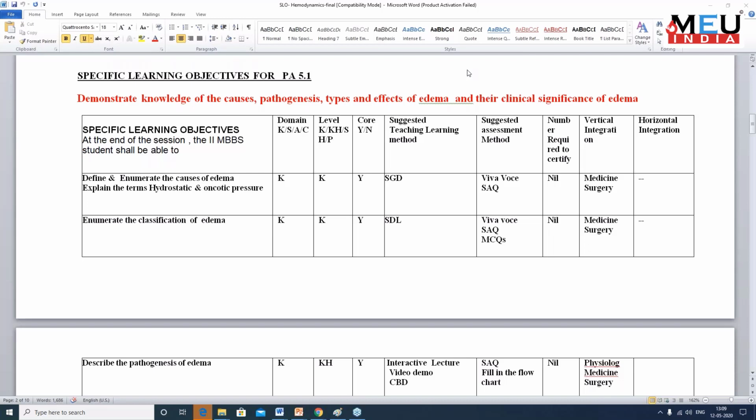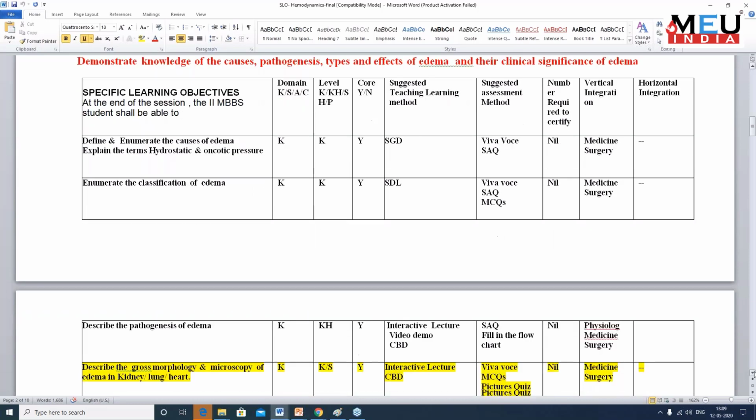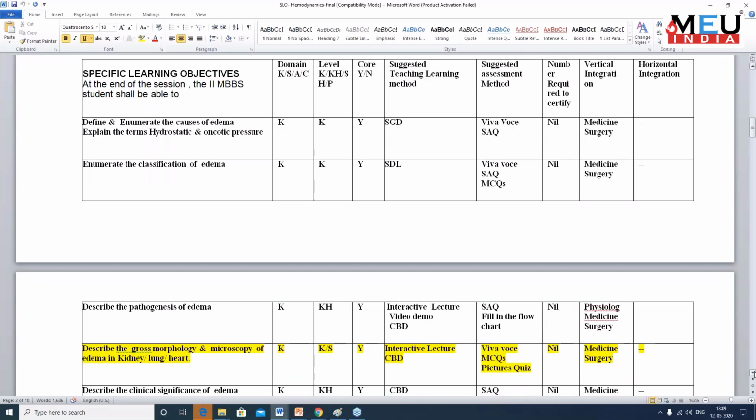Going to the third important SLO, which is the pathogenesis of edema. For this, I would prefer either a video demo or an interactive lecture, where an in-depth understanding of the subject has to be imparted to the student.